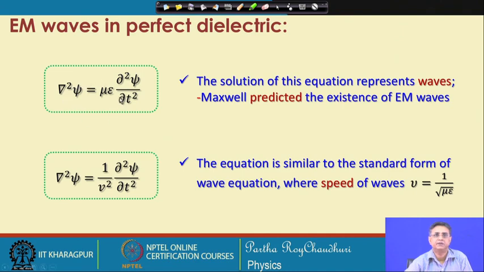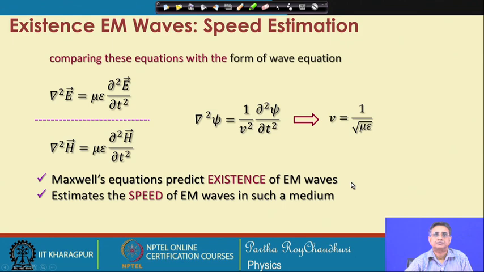If you compare these two, you get v equal to 1 upon the square root of mu naught epsilon naught. All right. So, comparing these equations with the form of the wave equation, we get v equal to 1 upon square root of mu naught epsilon naught.